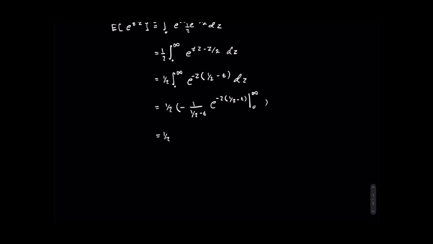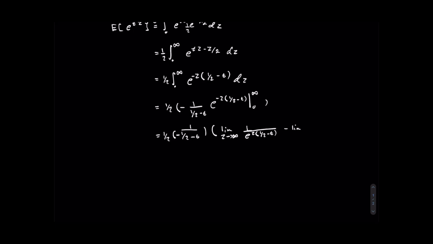Take out this constant, then evaluate the limit as z goes to infinity, which is just e to the minus z times the quantity a half minus t.